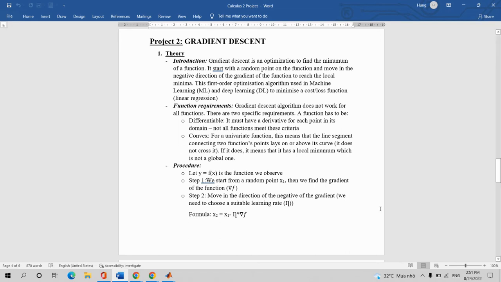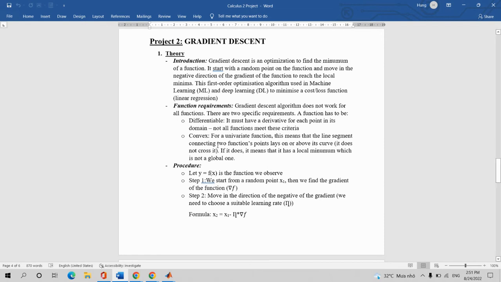The second is convexity. For a univariate function, this means that the line segment connecting two function points lies on or above its curve. It does not cross it. If it does, it means that it has a local minimum, which is not a global one.